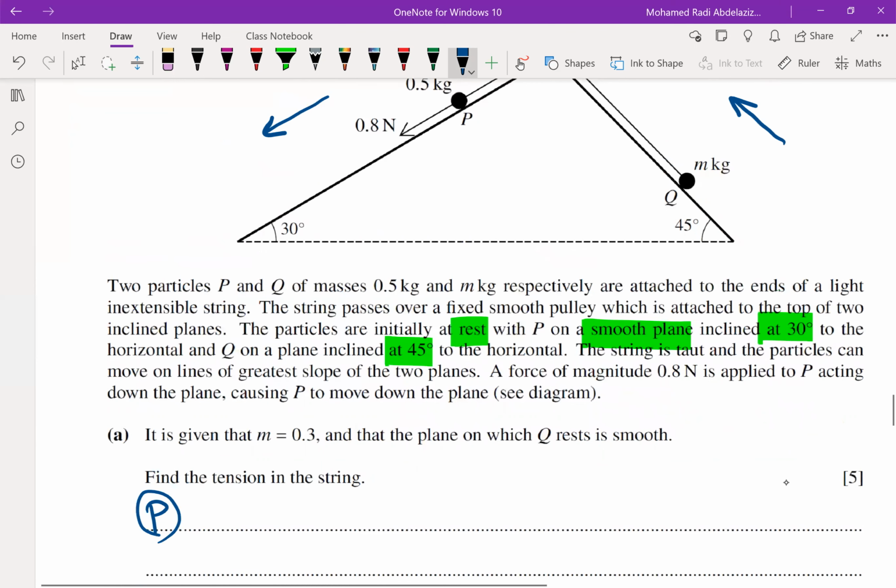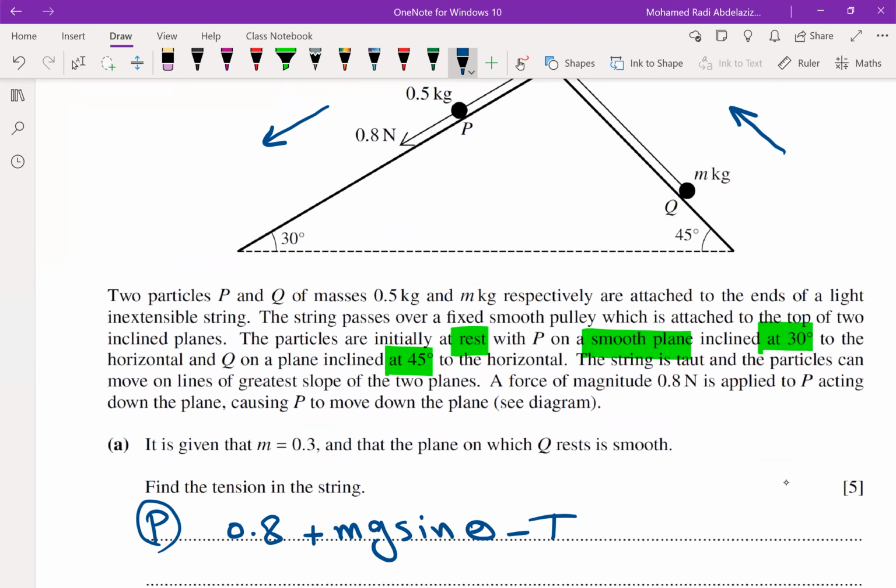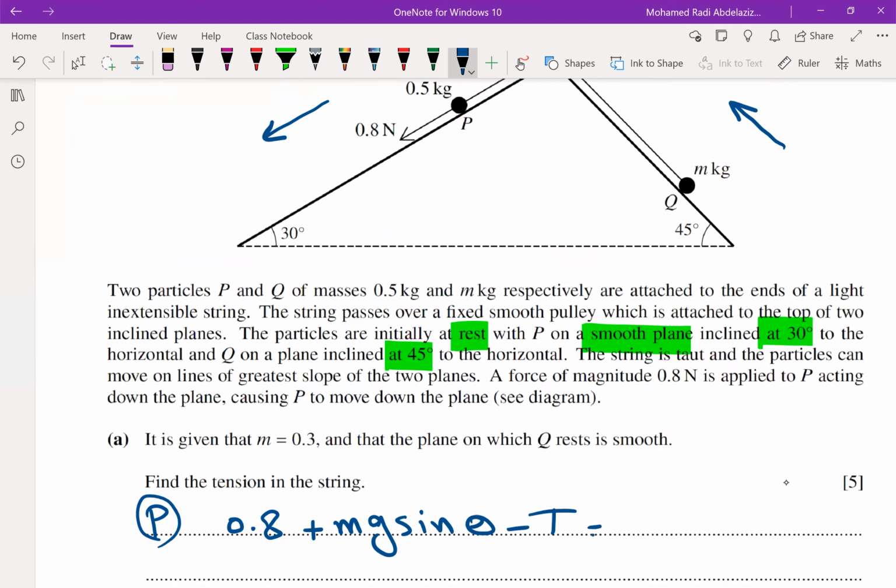For particle P, all the forces in the direction of motion: it's 0.8. What else? The component of the weight, mg sine theta, minus tension on the opposite side, is equal to ma.